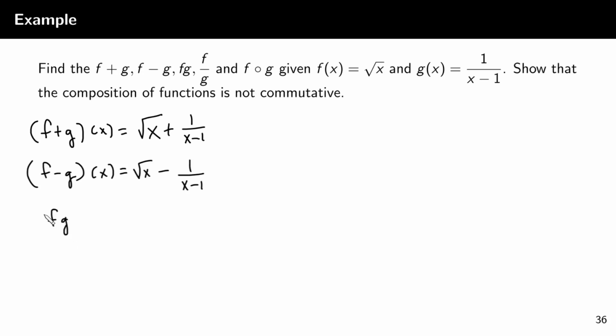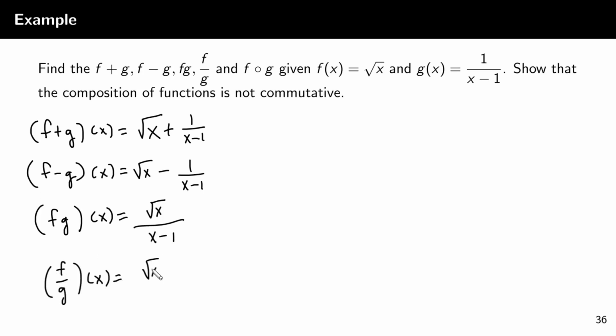And then, the product. Okay. So, square root of x times 1 over x minus 1. So, square root of x over x minus 1. And then, f over g is square root of x over 1 over x minus 1, or square root of x times x minus 1.